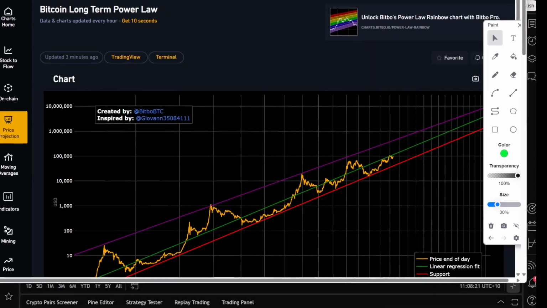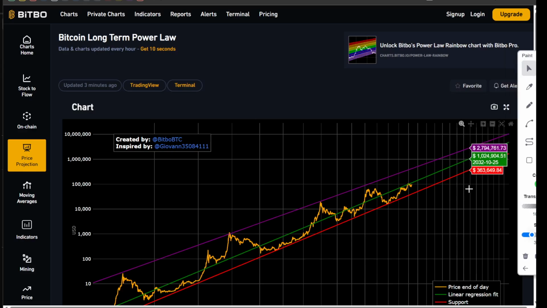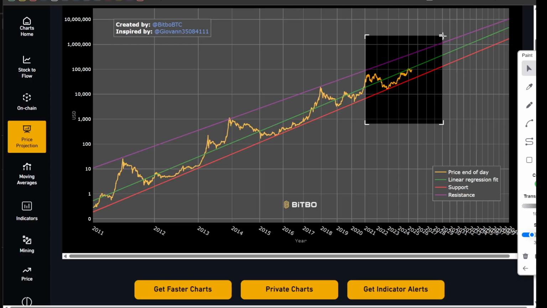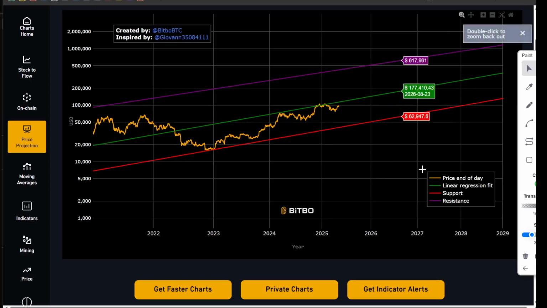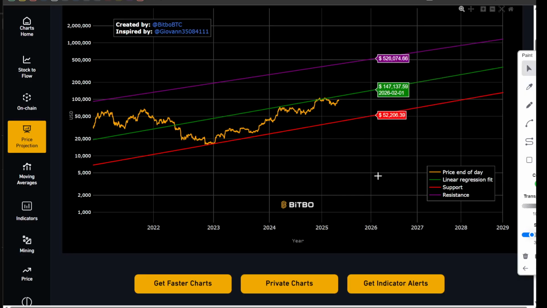Now, you're probably curious. My friend Somi, I would like to see what the Power Law model says if we go into the future. So what I'll do, friends, is show you from 2026 to 2029. We are now right on fair value, growing and growing. Now, obviously what comes next depends on where the peak is.